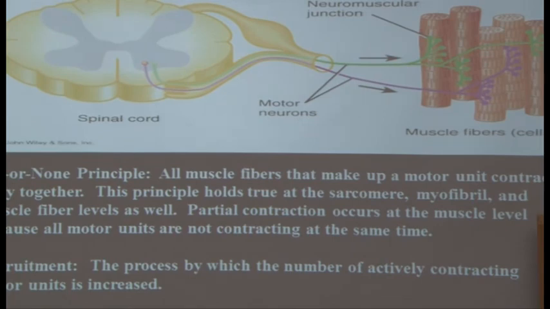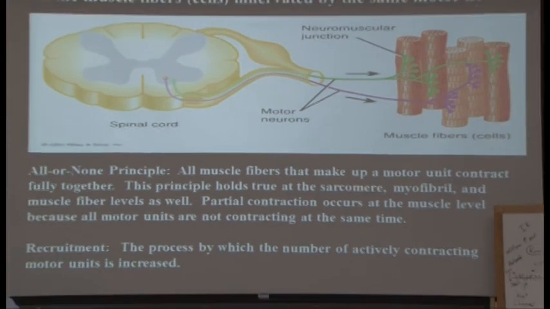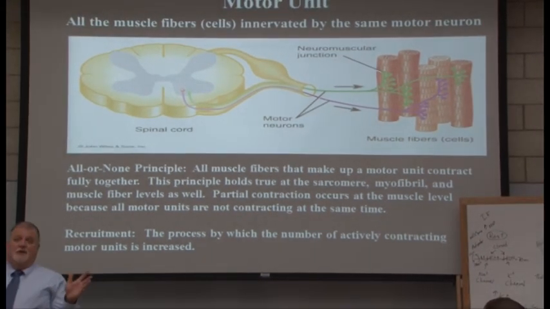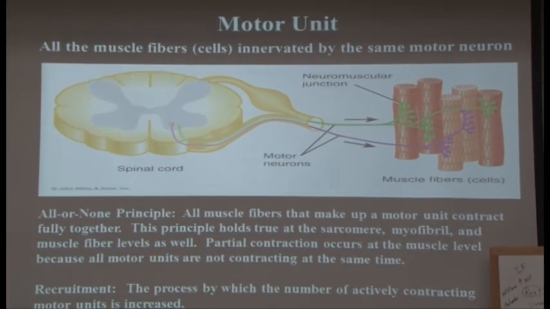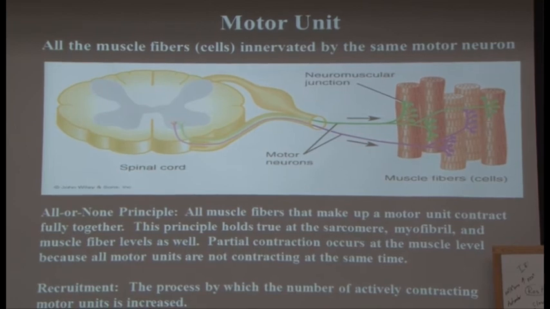Okay, so you guys good with motor units at this point in time? So a motor unit is all of the muscle cells innervated by a single motor nerve. And the importance is it's the level where the all or nothing principle occurs.